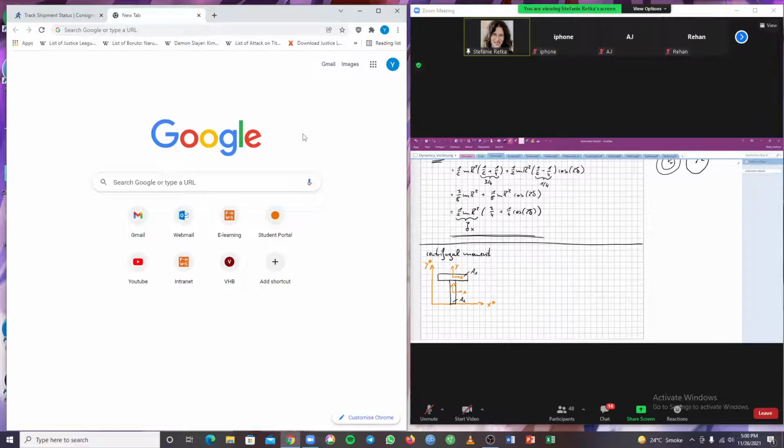Now, to solve this, we need some coordinates, at least for the positions of the centers of gravity of our subsystems. I'll just use A and 2A.